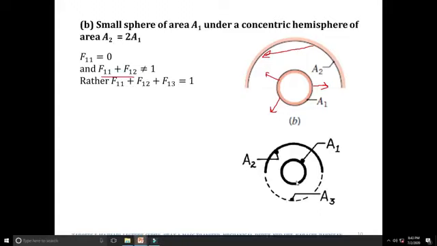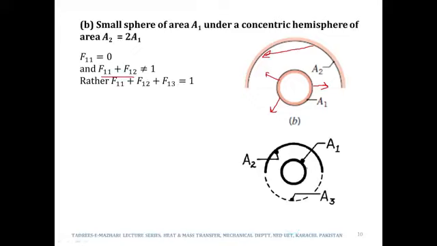Is it true? It says radiation leaving 1 and being incident upon itself, which is 0 of course, plus radiation leaving 1 and being incident upon 2, plus radiation leaving 1 and being incident upon 3, which is 100% of the radiation leaving 1.